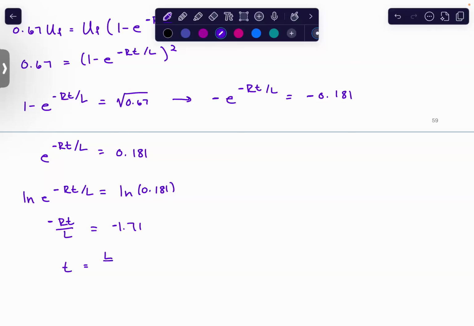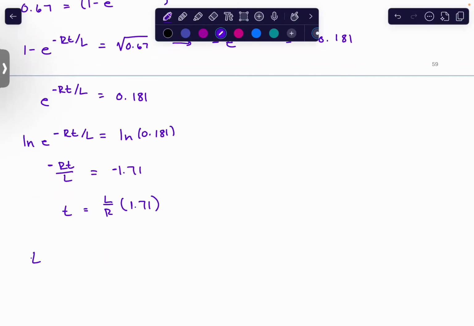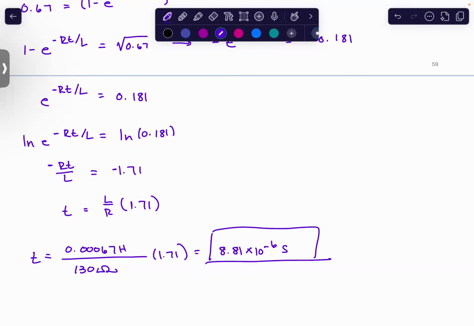And then our t is going to be L over R times 1.71. So 8.81 times 10 to the negative 6 seconds.